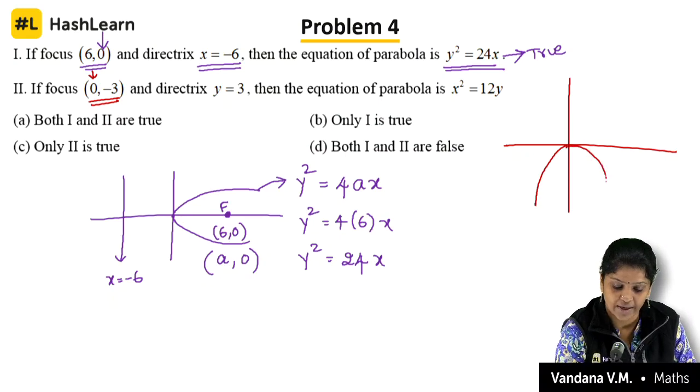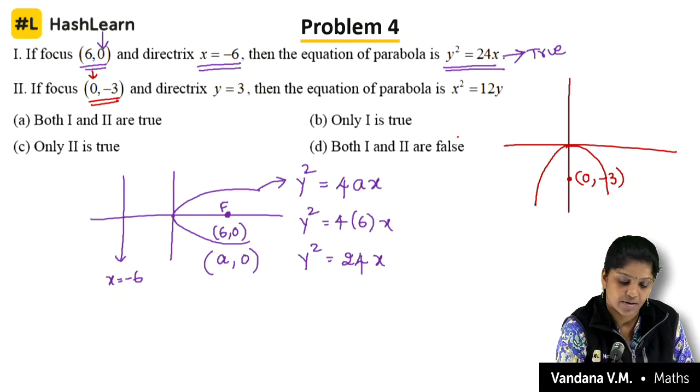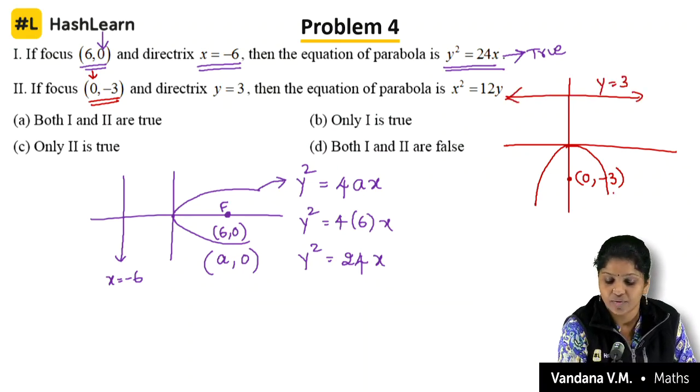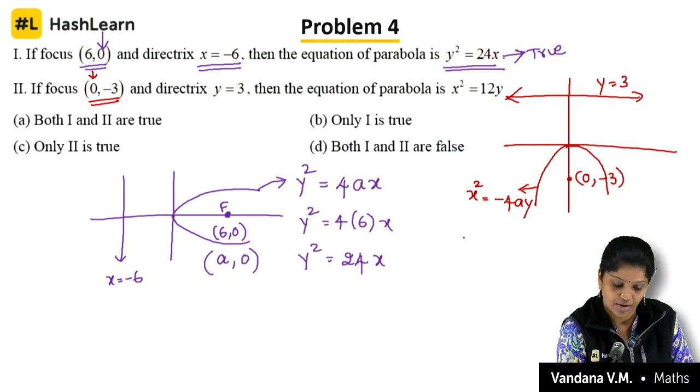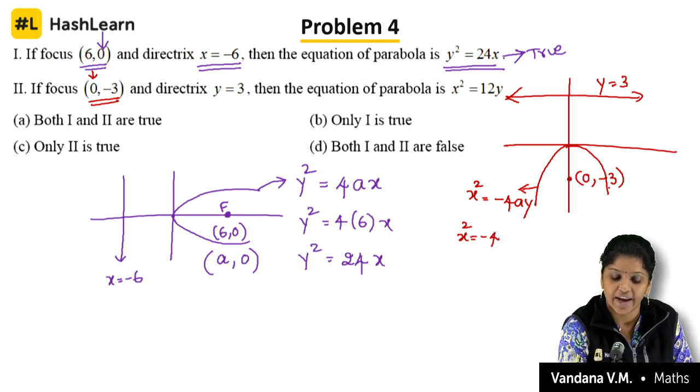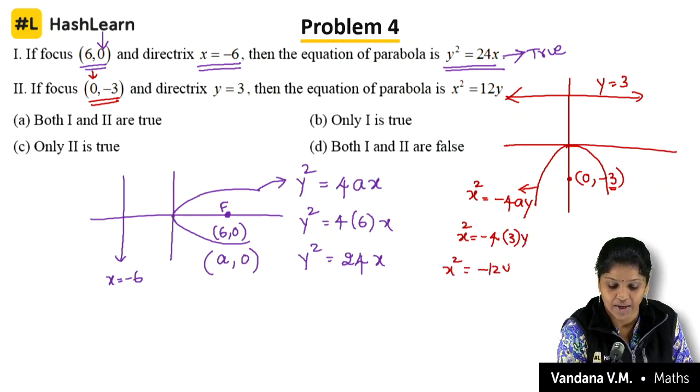It must be like this. 0 comma minus 3, then the directrix is like this, y is equal to 3. Whenever you have this, x square is equal to minus 4ay. x square is equal to minus 4 into 3, so x square is equal to minus 12y.